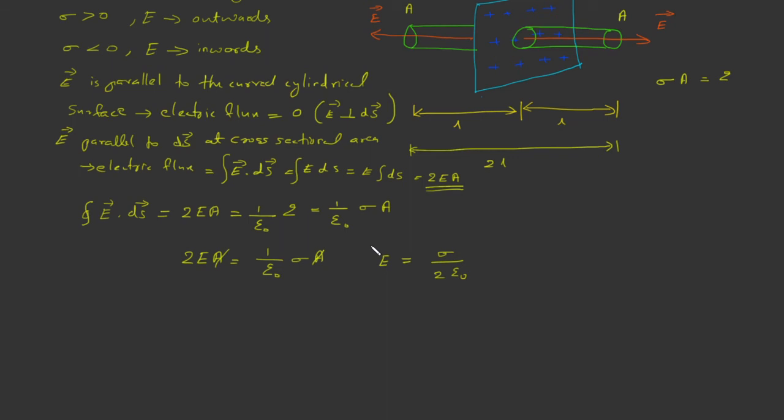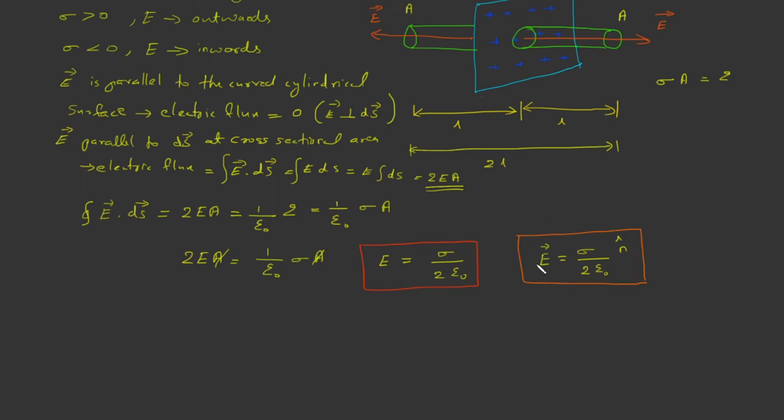So we got the equation for the electric field due to an infinite plane sheet of charge with a uniform charge density sigma. We can represent it vectorially as E equals sigma divided by 2 epsilon 0 times n cap, where n cap is the unit vector normal to the plane and going away from it.